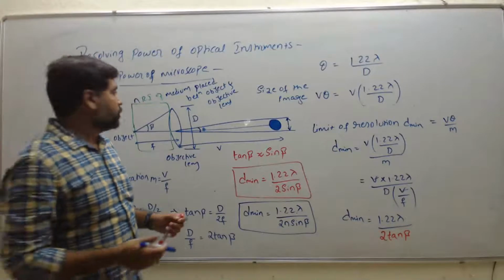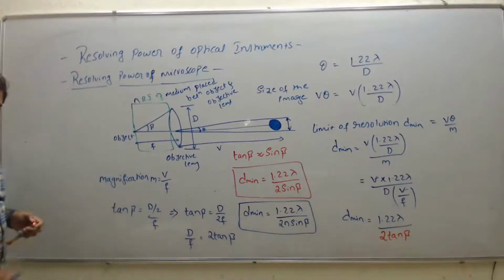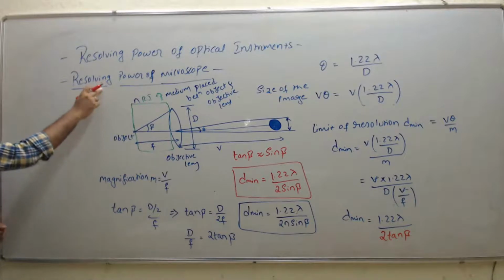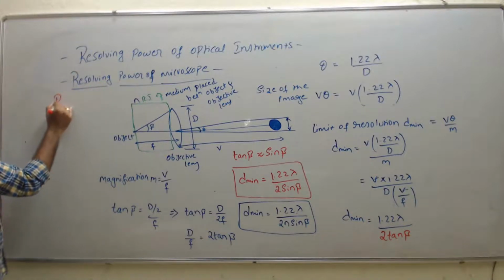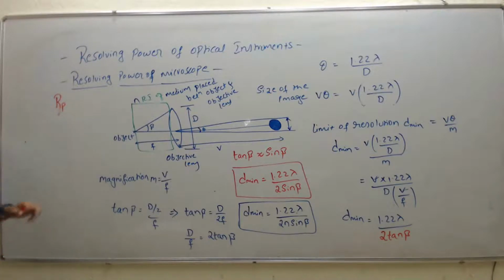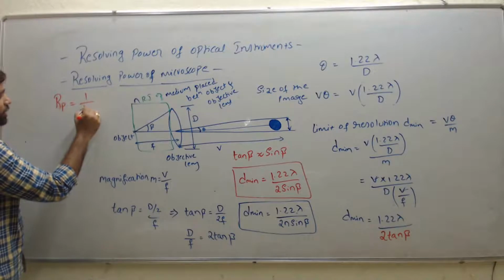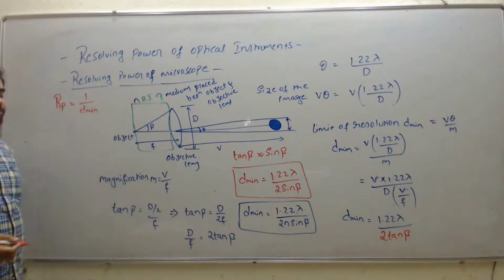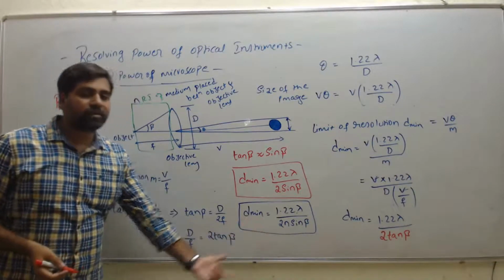Now we are going to find the resolving power of the microscope, RP, which equals 1 divided by the limit of resolution.